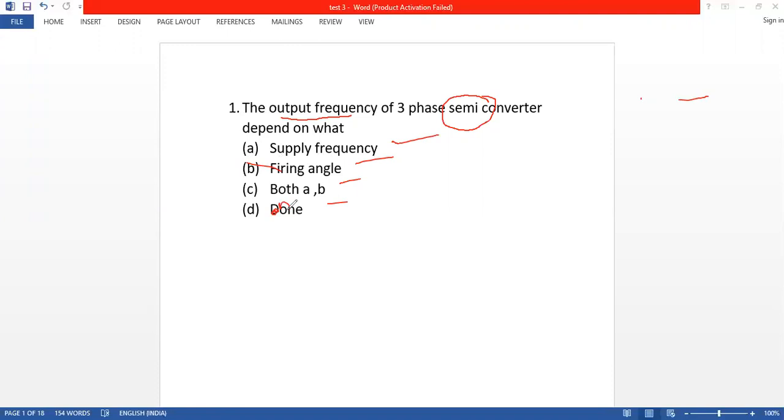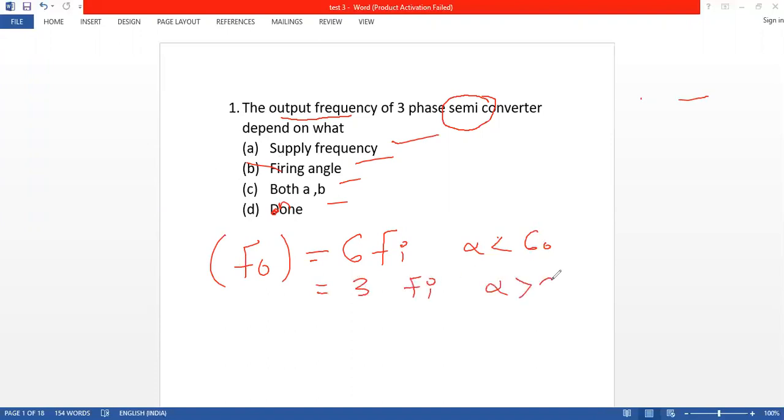Now you see here, as I told in the previous class, F naught is 6 times Fi if alpha is less than 60 degrees, whereas it is 3 times Fi when alpha is greater than 60 degrees. These 6 and 3 depend upon what?